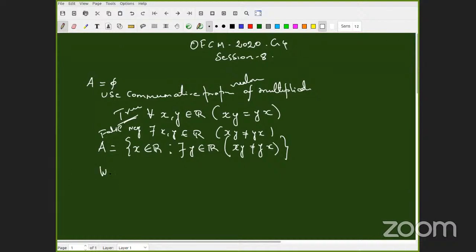See, we want to go step by step, go slow, don't be fast. We want to prove A equal to empty set. How do we start the proof? Suppose A is non-empty. Then there exists an element X in A. Correct? Yes, sir. Okay. If X is in A, then what does it mean?